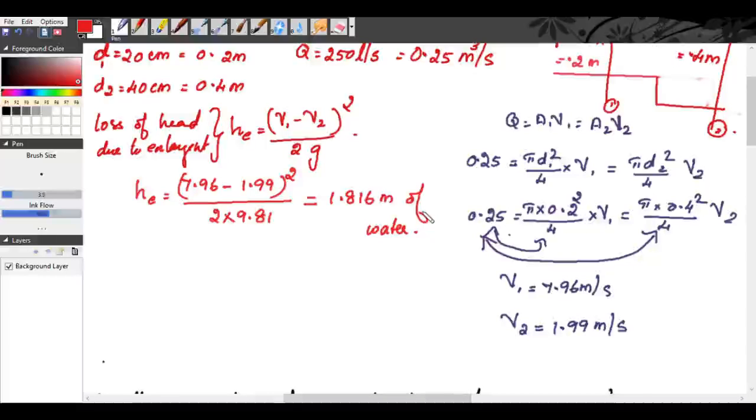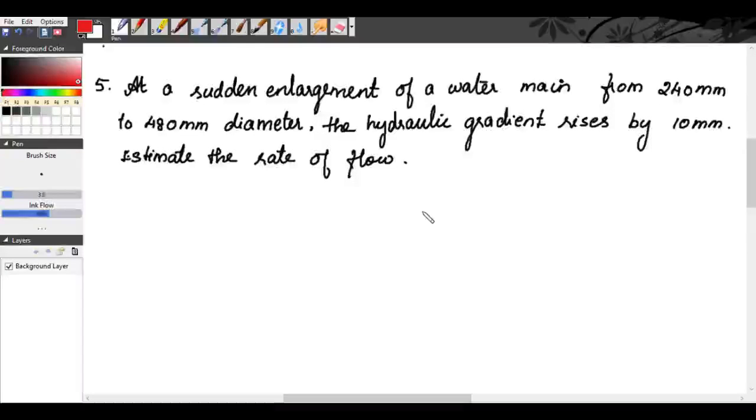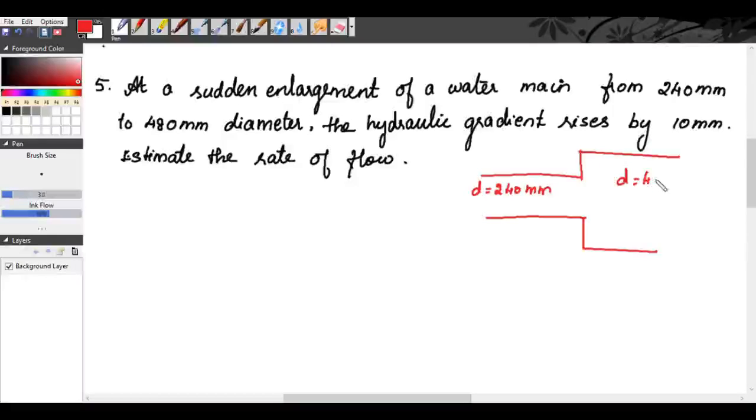We will move on to the next problem. So next problem is, at a sudden enlargement of water main from 240 mm to 480 mm diameter. Okay, so there is a sudden enlargement of main. So the enlargement is from diameter 240 mm to 480 mm.